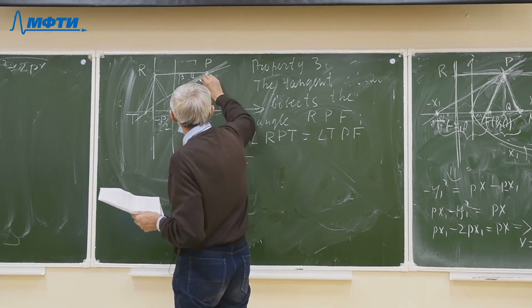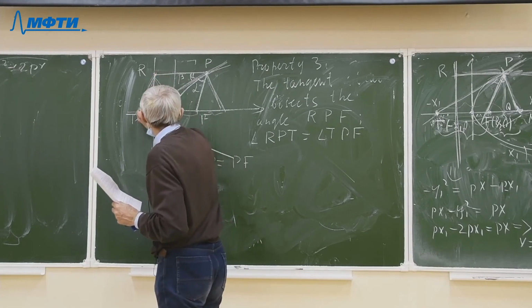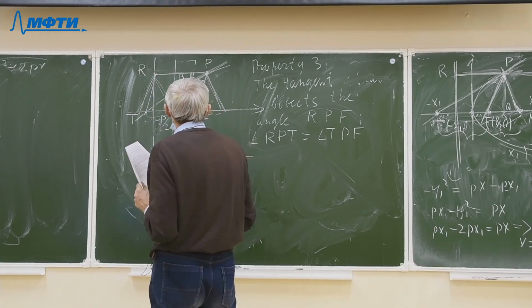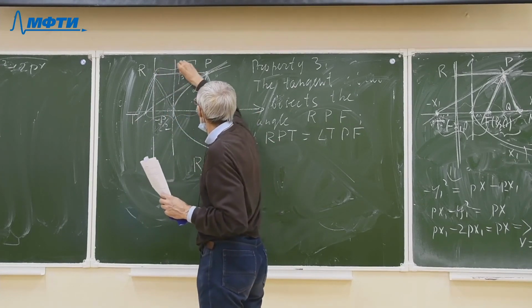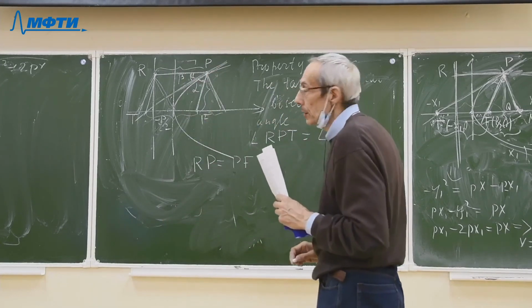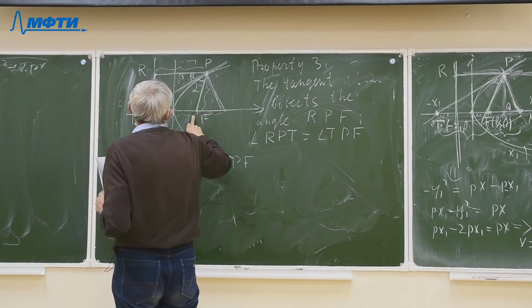Okay, let's prove this angle is equal to this. Easy to see that RP is equal to PF by the definition of the parabola.